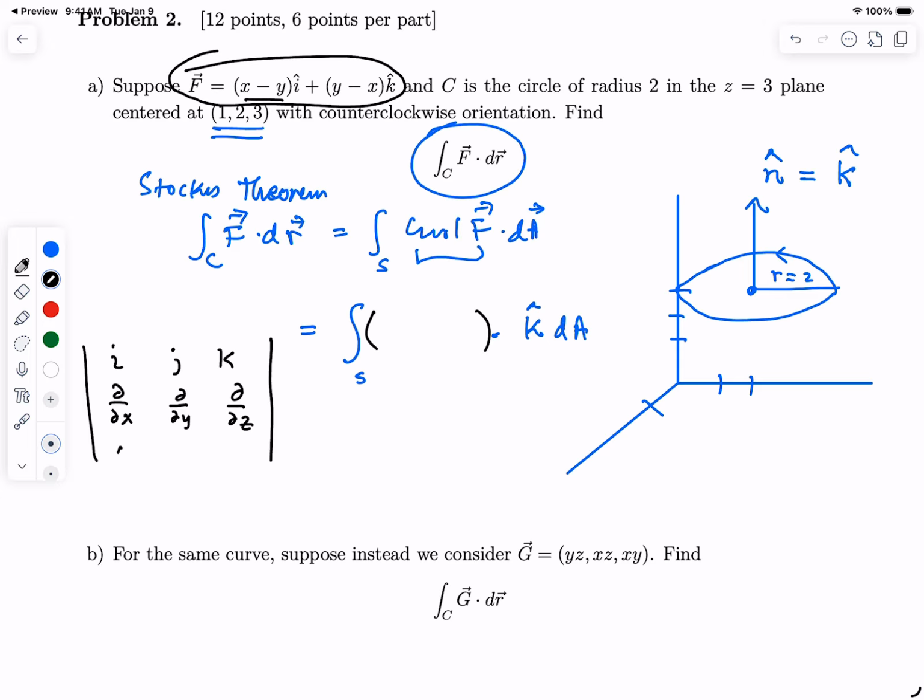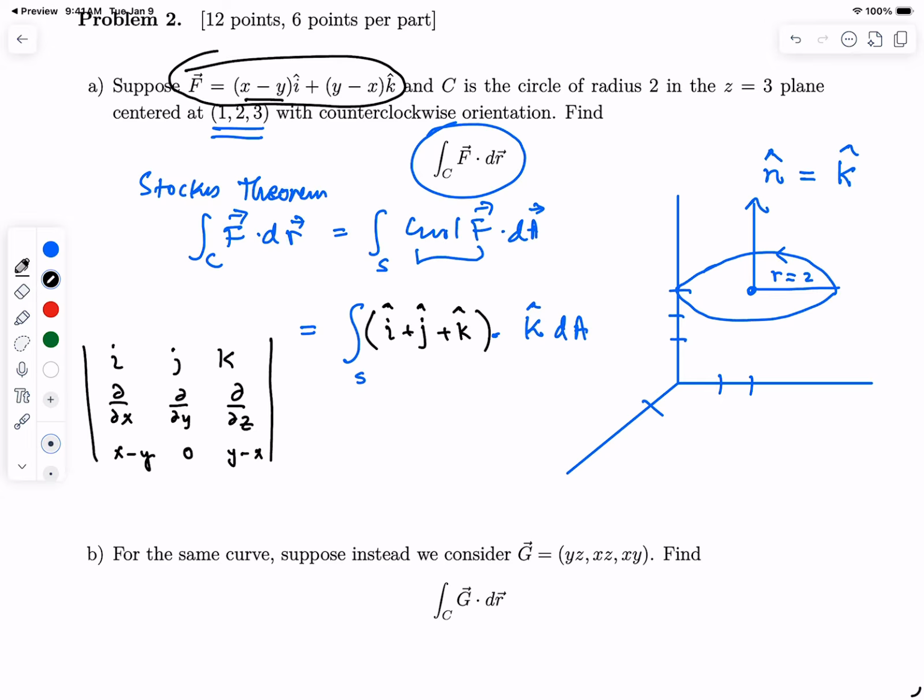The x component is x minus y, the y component is 0, that's a good thing, and the z component is y minus x. The curl of this vector field that you will get once you compute this determinant is, I have written that to be i plus j plus k, like 1 i hat plus 1 j hat plus 1 k hat. You compute that determinant, you will exactly get that.